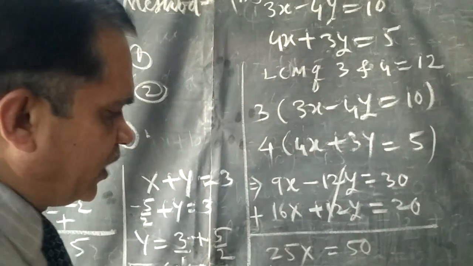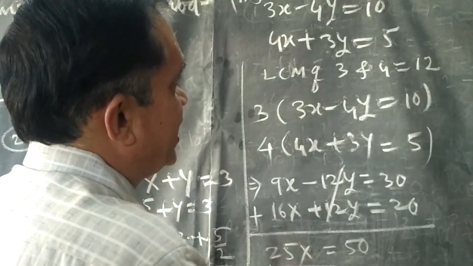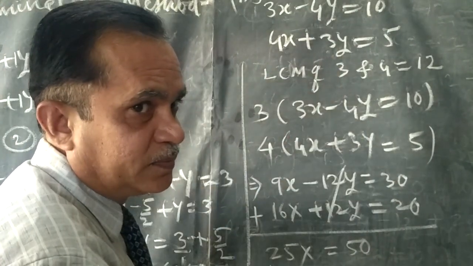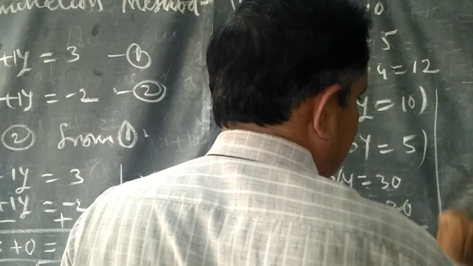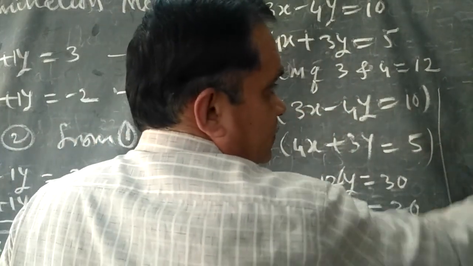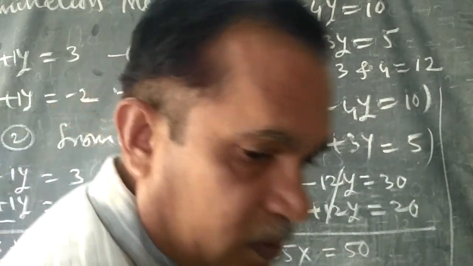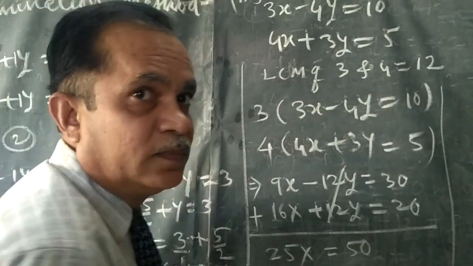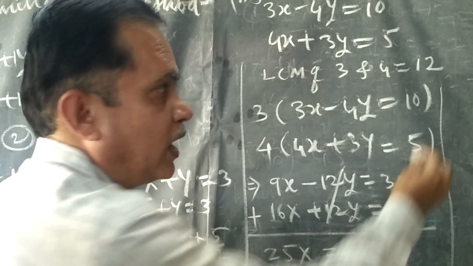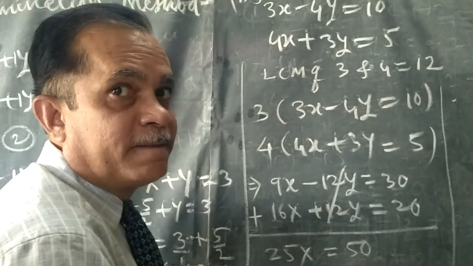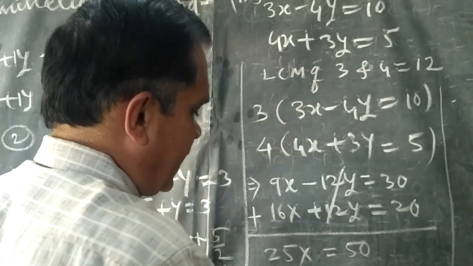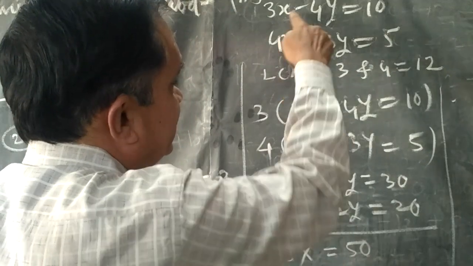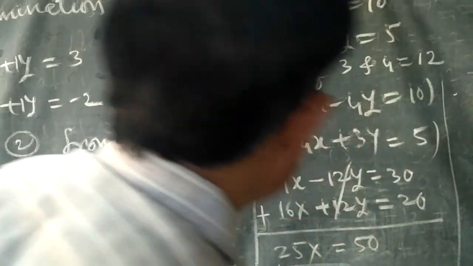Now I will take the value x equal to 2 in any one of the given equations. Is this visible? Now I am putting the value of x in the first or second.